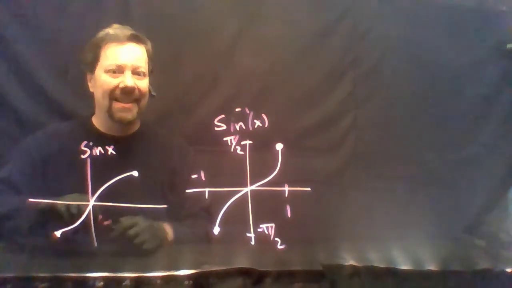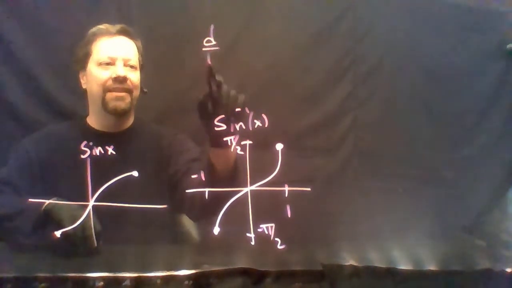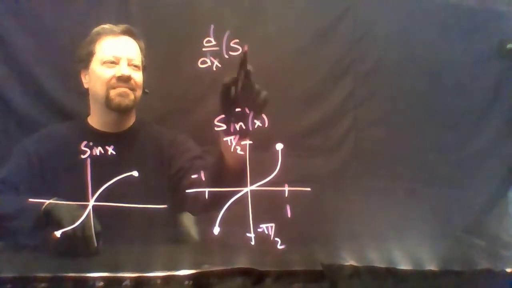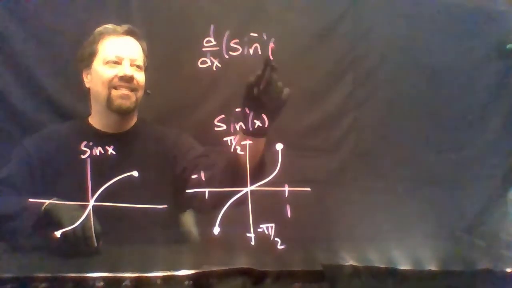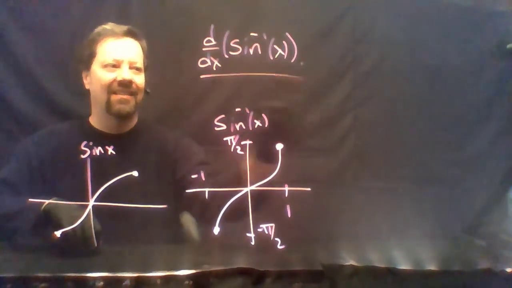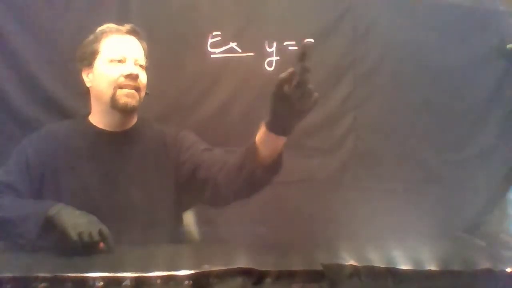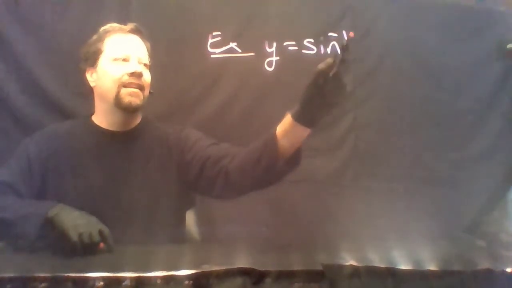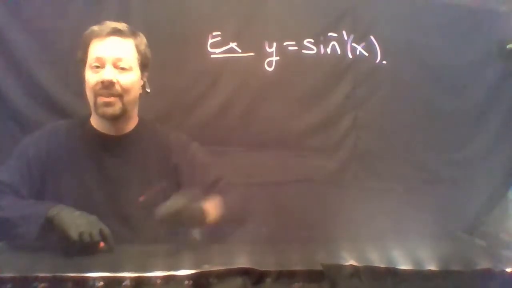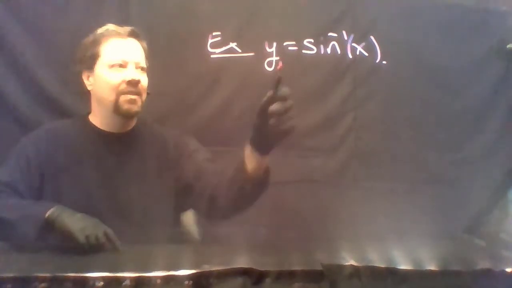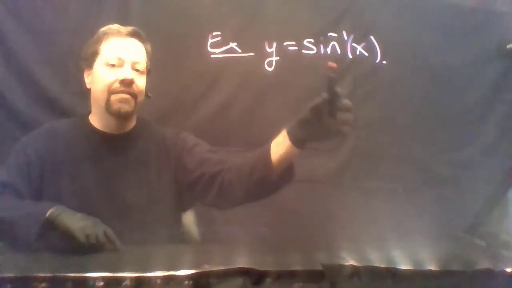What we'd like to do next is calculate the derivative of the inverse sine function. To do that, let's set y equal to the inverse sine of x. We want to find y prime, but we don't know how to calculate the derivative of inverse sine yet.